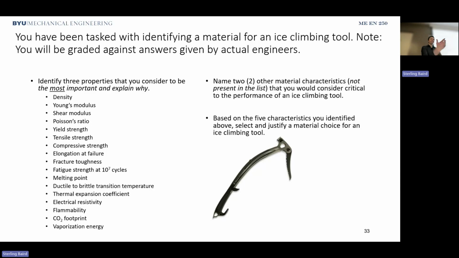Sorry, it wasn't meant to be a leading question, but any others come to mind? Fracture toughness. Why fracture toughness? Same idea as ductile-brittle transition temperature, but you don't want it to bend or break. We said ductile-brittle wasn't quite as important as fracture toughness because if it's bending, then you've already failed, whether it's bending or breaking.